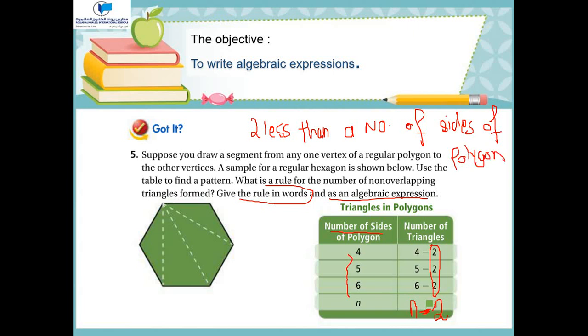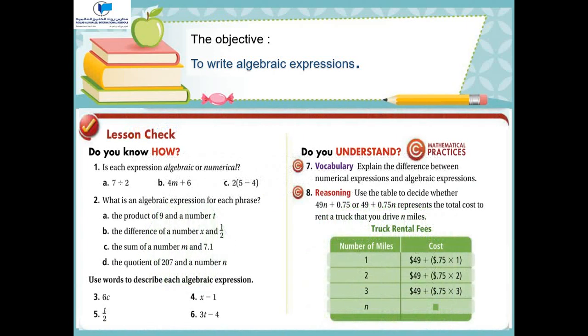You can change this part by a number n. You can say 2 less than a number n. It will be also correct.